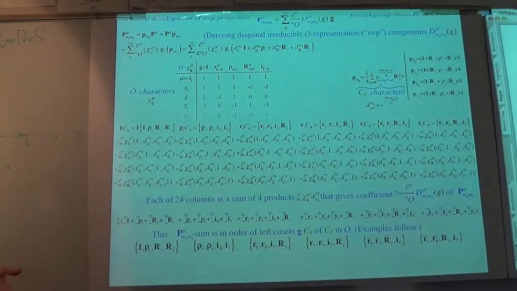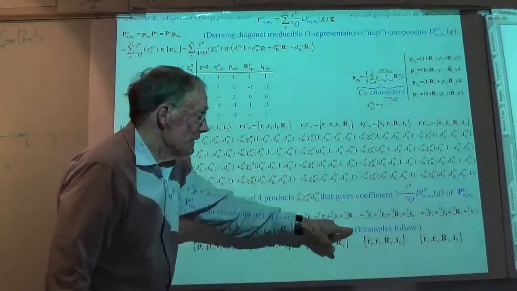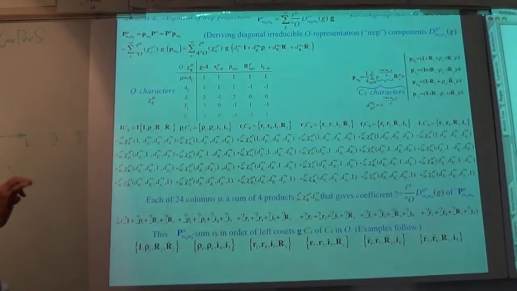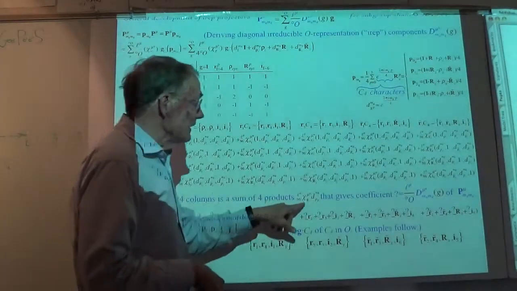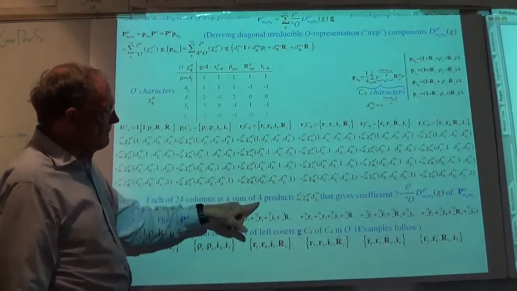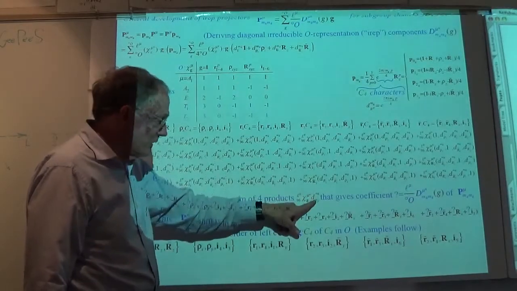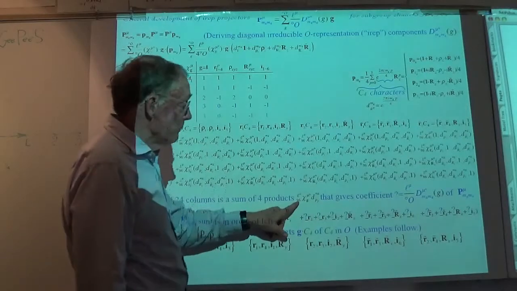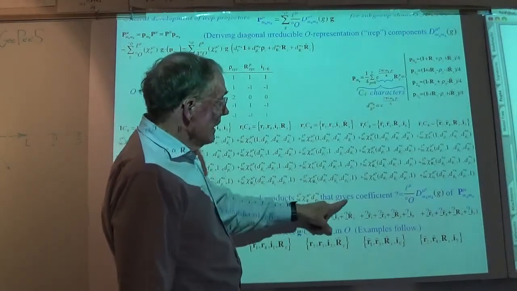And then when we have that, we'll have a projection operator in terms of cosets, and that's the neat factoring that happens in this business. So what we're going to be getting from each of these sums, each of the 24 columns, is a sum of 4 products, an O character and a C4 character, and then appropriate dimension over order of group, and a normalization factor from each of those.